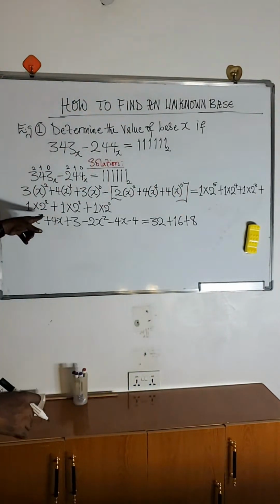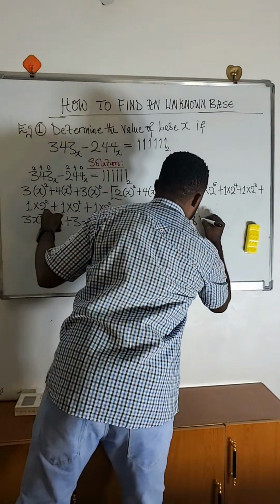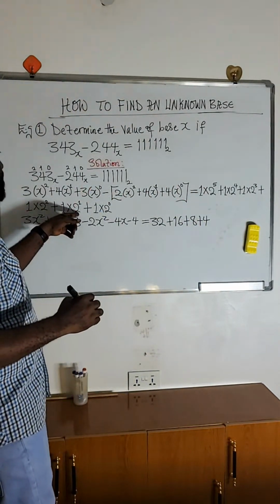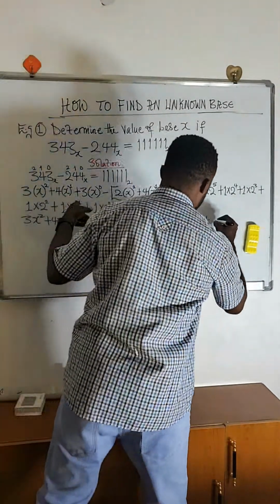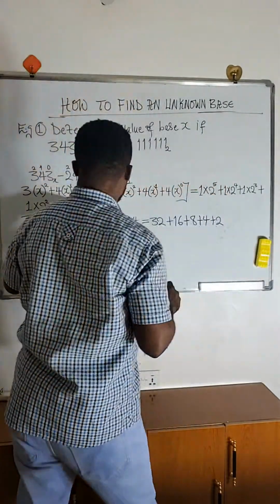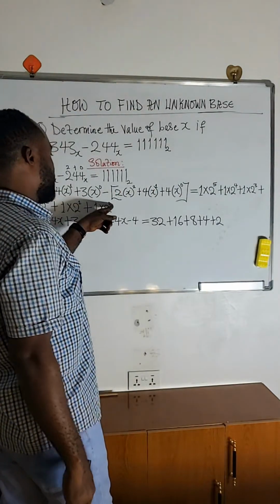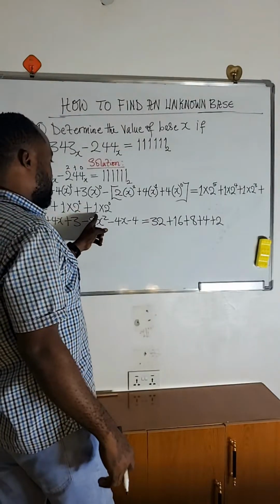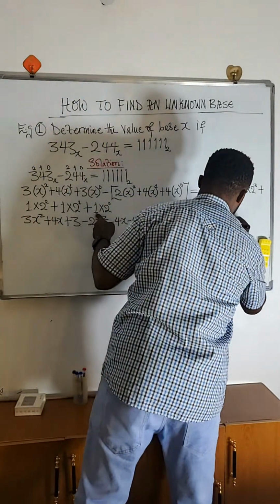And then 2 raised to the power of 2, that will be 4. Plus 4. And then 2 raised to the power of 1 is 2, so plus 2. And then 2 raised to the power of 0 is 1. That 1 times 1 is 1.